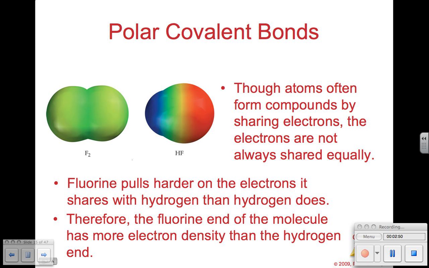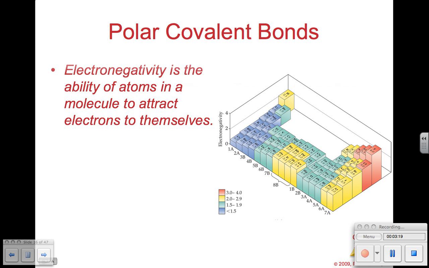Therefore, the fluorine end of the molecule has more electron density than the hydrogen end. And that makes the fluorine end of the bond the more negative end because the electrons spend more time in that portion of the bond. And the hydrogen end is more positive because the shared electrons spend less time around that nucleus.